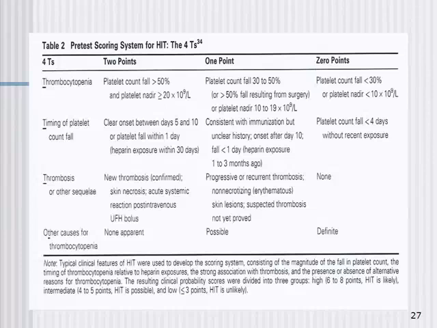If they're on a drug that may cause thrombocytopenia, but it's uncertain, then they get 1 point. And if they are on aspirin or Plavix or a GP2B3 receptor antagonist, then they get no points because those drugs definitely have been associated with thrombocytopenia.